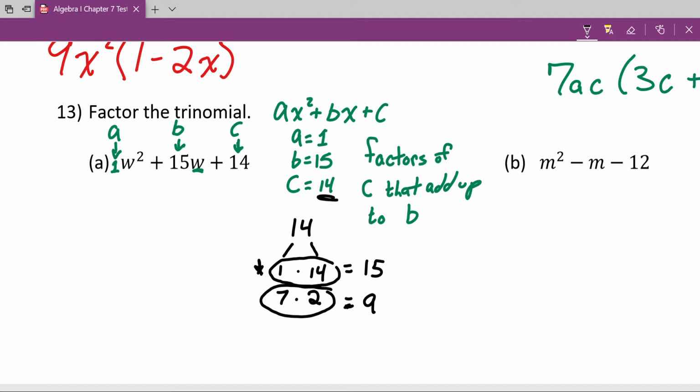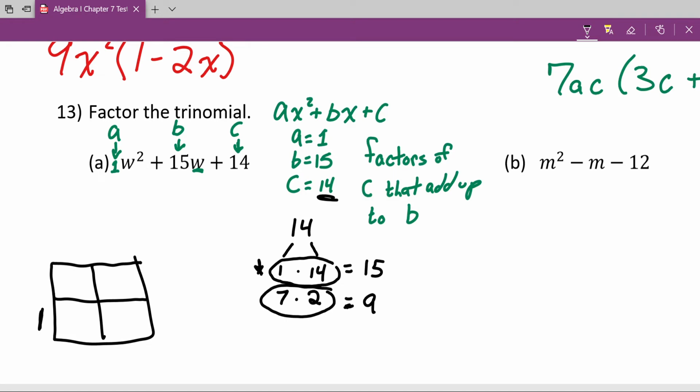So what I can do with that is go ahead and make a box method, and we're actually going to do it in reverse. We're going to build this box method. So I know that 1 and 14 are the last terms of the binomials that make up this trinomial.